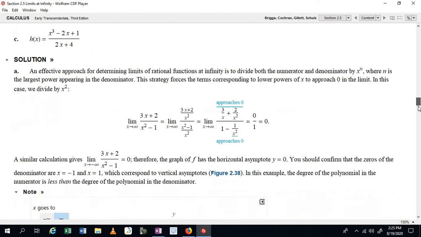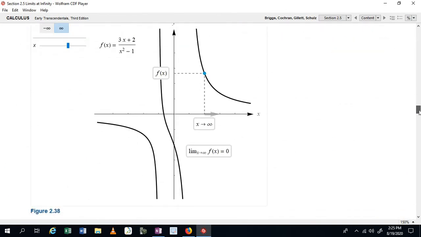Now let me show you a graph of it real quick. So if we were to graph this function that we're working with, I think you can see as x heads towards infinity, they don't show a lot of the rest of this graph, but as x heads towards infinity, what happens is this graph continues to creep down towards the x-axis.